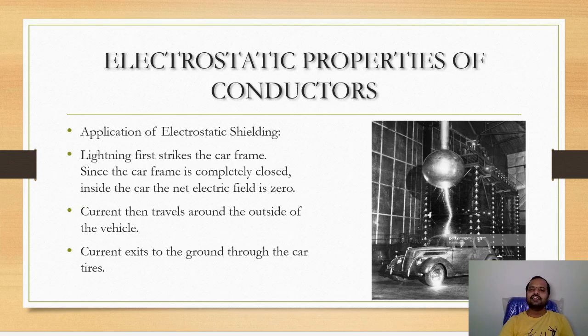So the charges will only be moving outside the car and not into the car. Thereby whoever is present inside the car is not going to be electrocuted, and they are actually going to be saved. So this is how the electrostatic shielding works when lightning strikes the car.